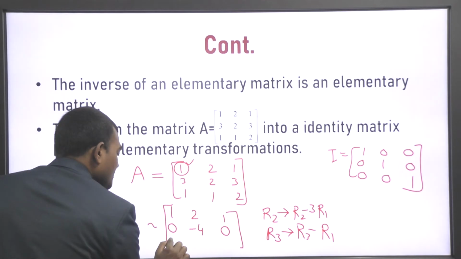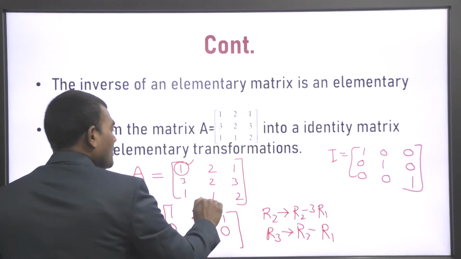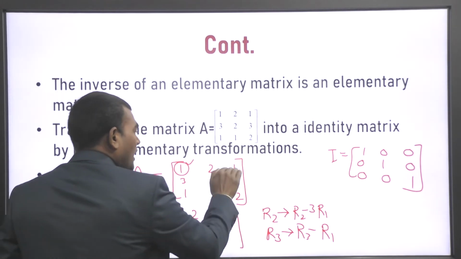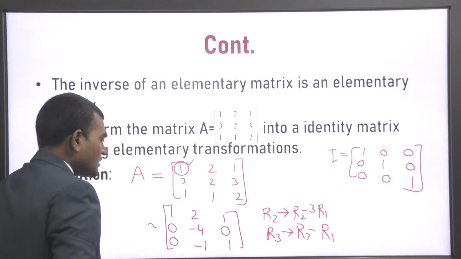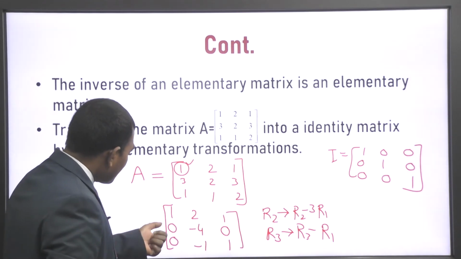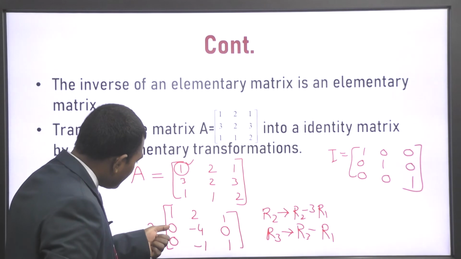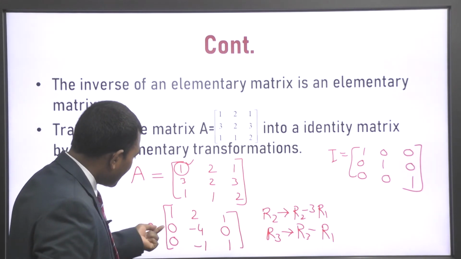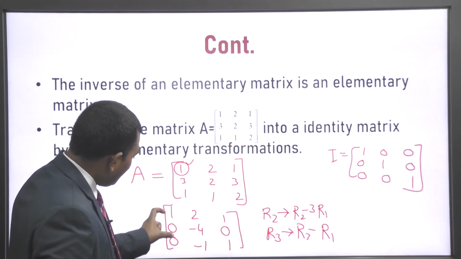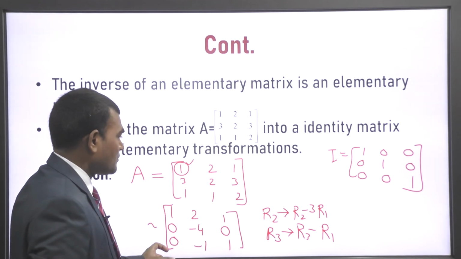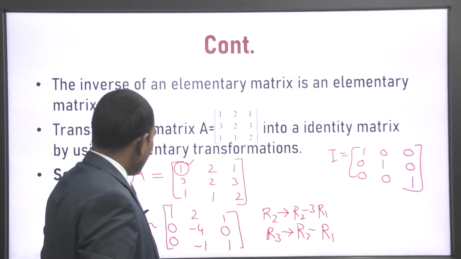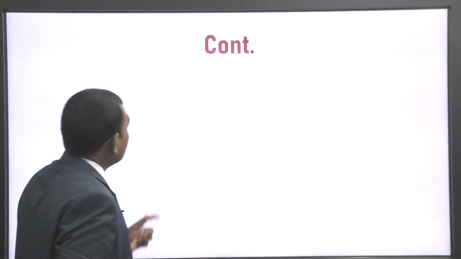In the third row: 1 minus 1 is 0, 1 minus 2 is minus 1, 2 minus 1 is 1. So this is the equivalent matrix. In our mind we will make the entries in the same column below the 1 as 0. Now proceed again in the next slide.